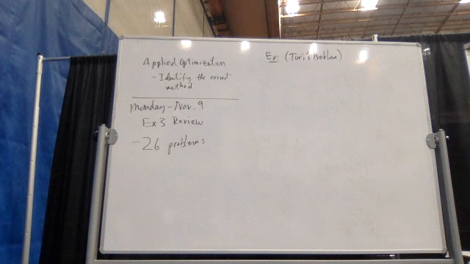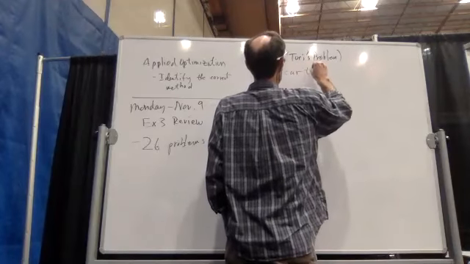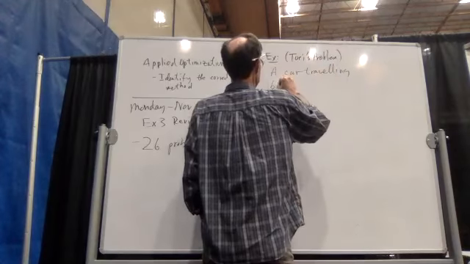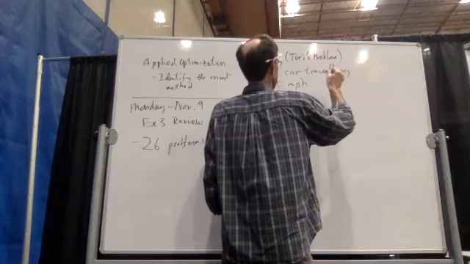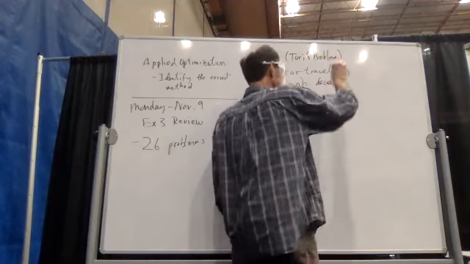Here's the math problem. The car is going 60 miles an hour. It decelerates, applies the brakes.